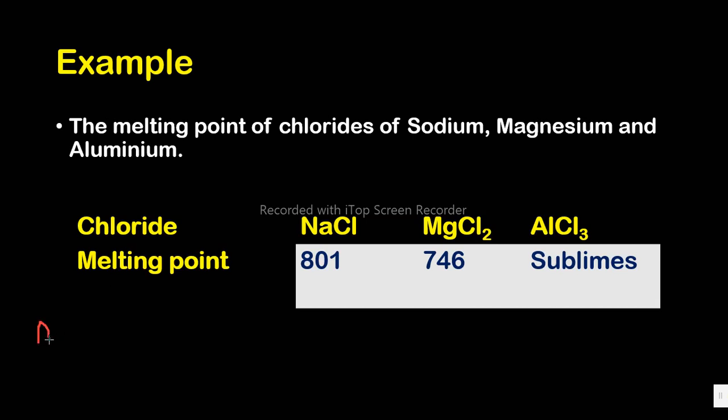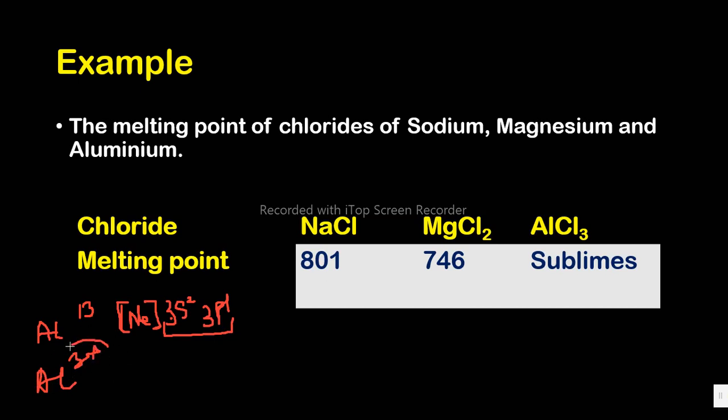For example, let's talk about how aluminium chloride is formed. Aluminium has an atomic number of 13. Its electron configuration is Ne 3s2 3p1. From this electron configuration, aluminium is going to lose these 3 electrons to form the Al3+ ion.